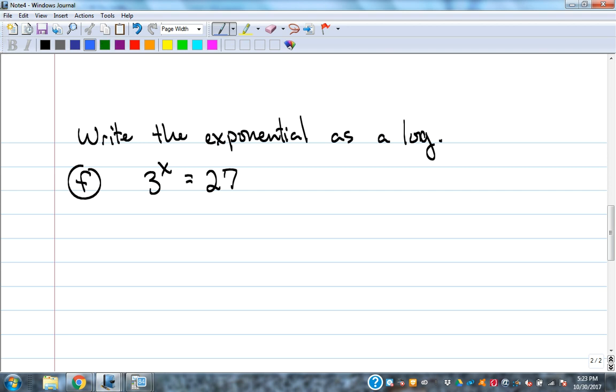Okay? So when we're doing this, what's the base in that problem? 3. So it's going to be log base 3. What's the exponent in that equation? So that's what it's going to be equal to. So 27, it's got to go there.